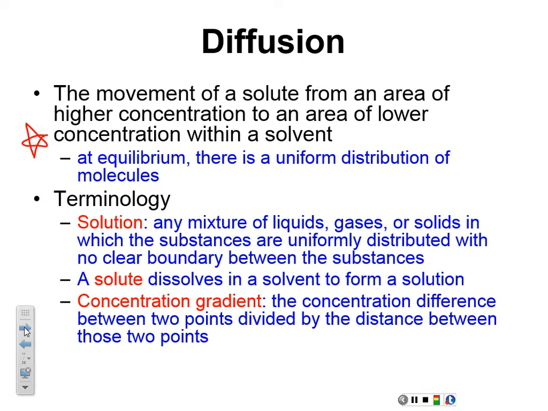The solution is a mixture of solvent and solute. The solute is what's dissolved in there, and the solvent is the fluid in which that is dissolved. Most of the time the solvent is water, because all the reactions occur in an aqueous environment.